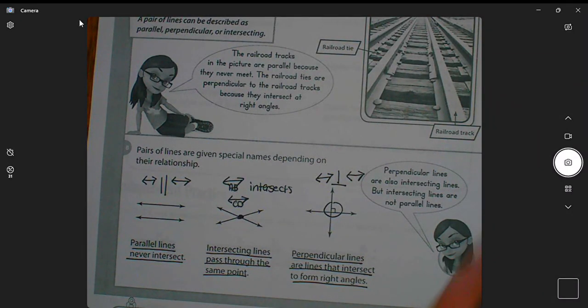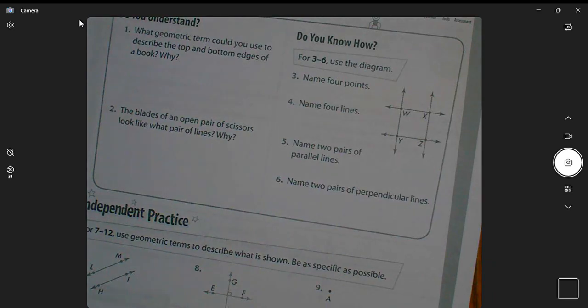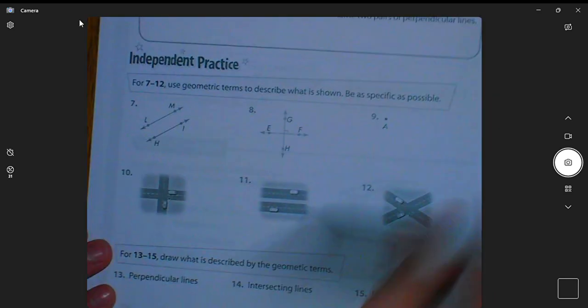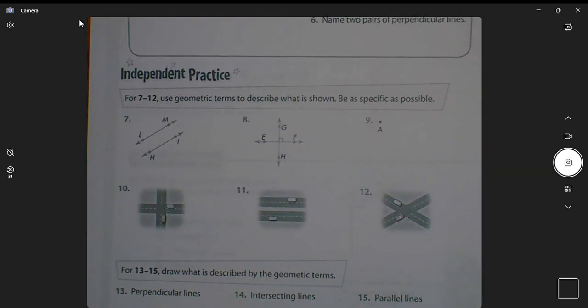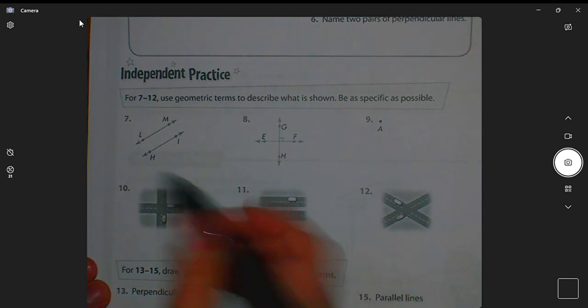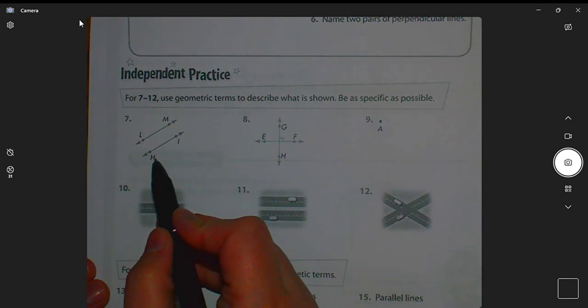Let's look at some examples. We're going to be looking at 7 through 12, and then we're going to be looking at a few up top as well. So 7, would this be parallel or would they be perpendicular?